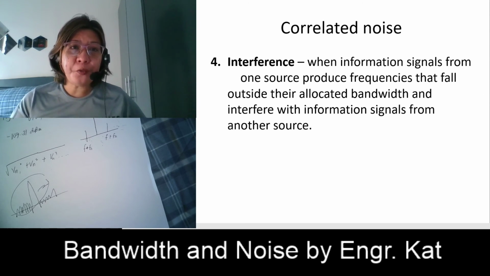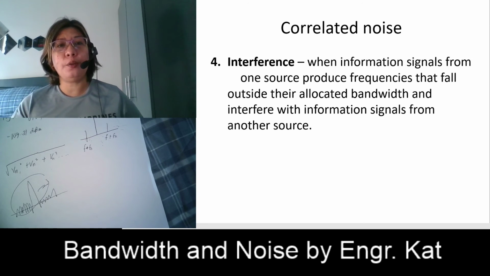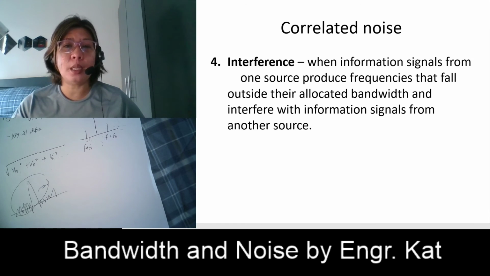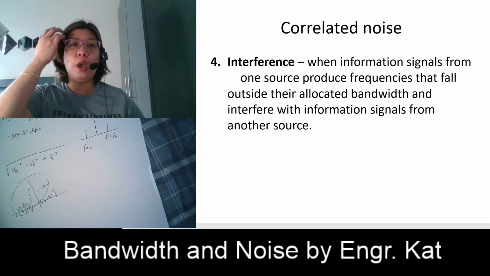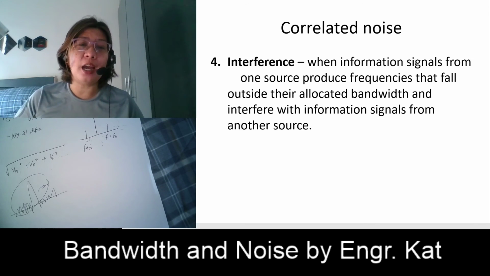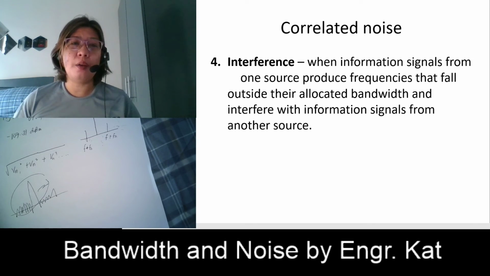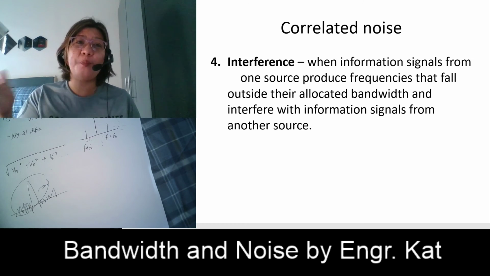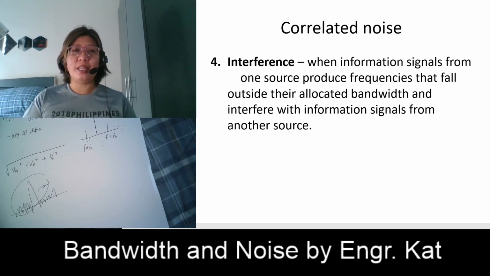And then we have interference. We will be hearing a lot about interference. It happens when information signals from one source produce frequencies that fall outside their allocated bandwidth and interfere with information signals from another source. Maybe you have experienced listening to a certain radio station, and upon passing a certain area, a voice or a DJ from another station interferes with what you are listening to.